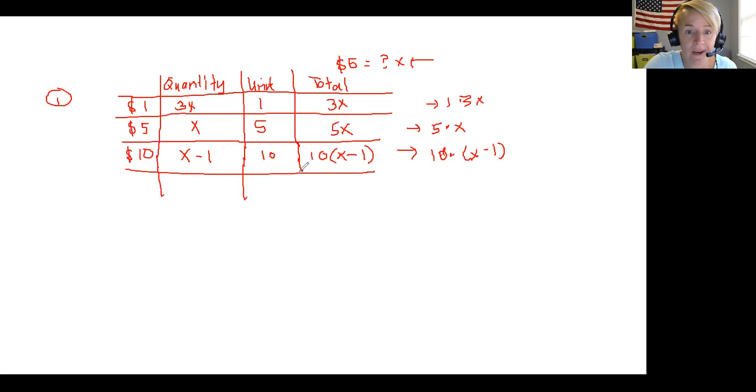Whatever and the rest means, I'm going to put in my $20 sign. So basically, whatever's left, it's going to be 20s. So right now, I have a 3x and a 5x and a 10 times x minus 1. I kind of have all this happening here together.